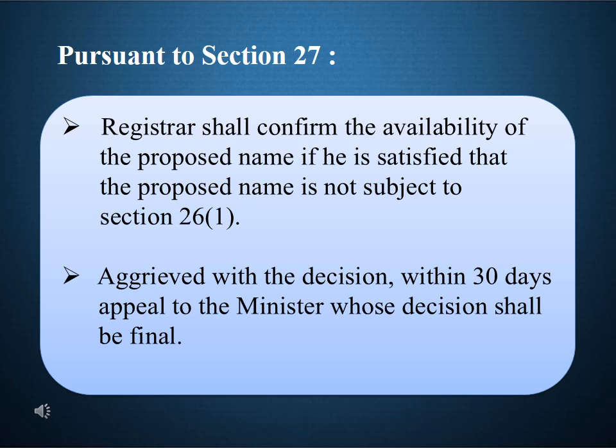Any party who is aggrieved by the decision of the registrar can apply within 40 days of the decision to appeal to the minister, whose decision shall be final, to which you can no longer appeal. So in that event, just choose a name which does not contravene anything and is within the ambit of the Companies Act.